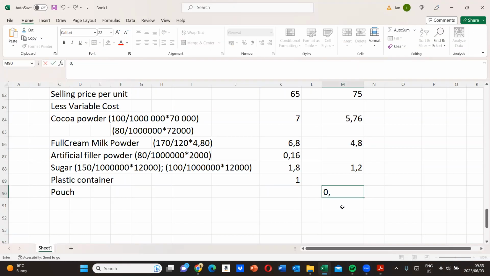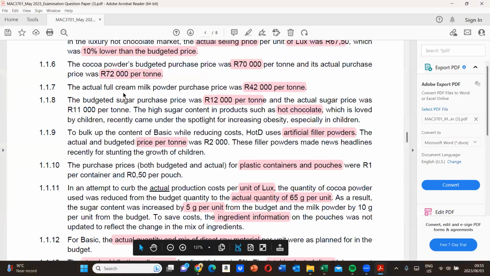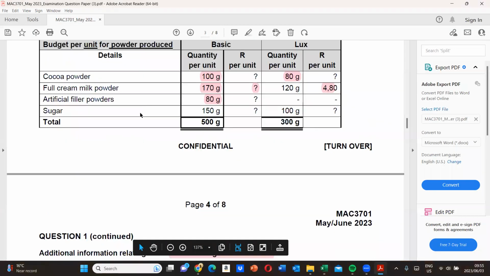They try to give it to you, but of course you have to make sure you know who's using what. So we have R1 for a plastic container, and then the pouch. What is the cost of the pouch? It's 50 cents, so 0.5. I believe when they were marking, if you include something there, you lose your mark. Let's look at, remember we still have some variable cost as well. What about direct labor?